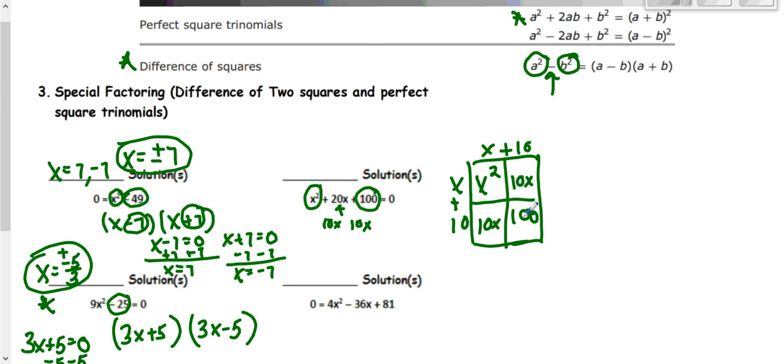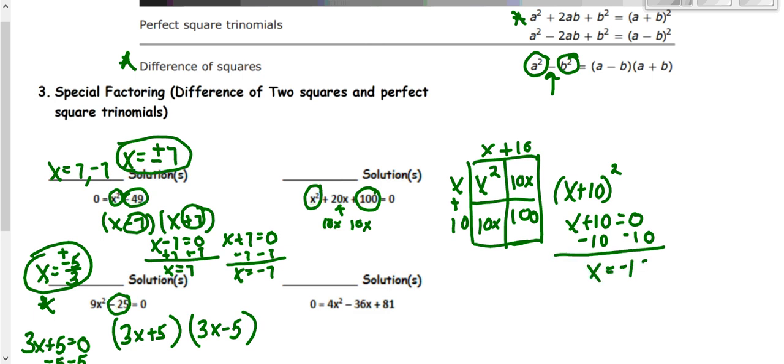It worked out. So I know that I have x plus 10 squared as my linear factors. To solve, I'm going to set it equal to 0. Subtract 10 on both sides, and I have x equals negative 10. That will be my only solution.